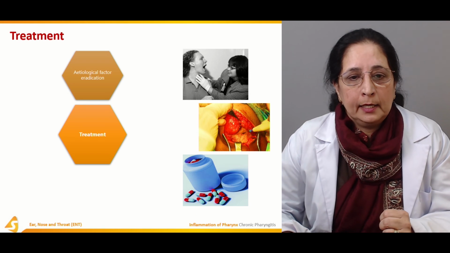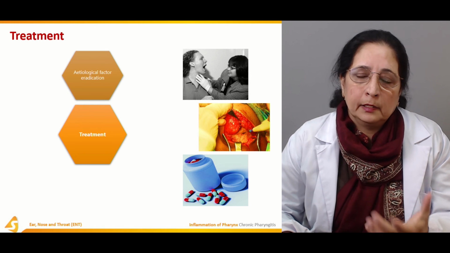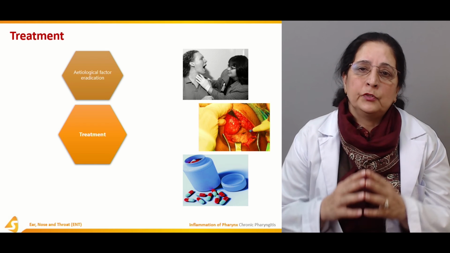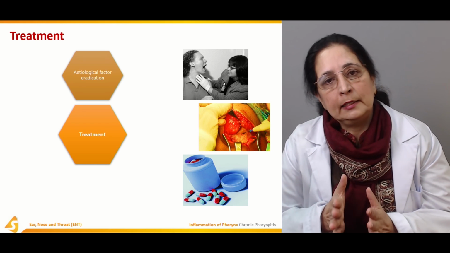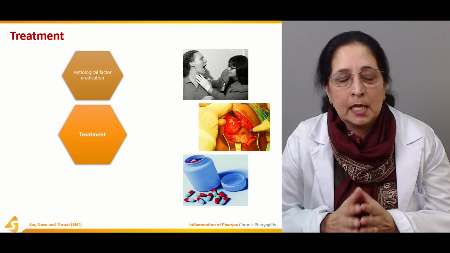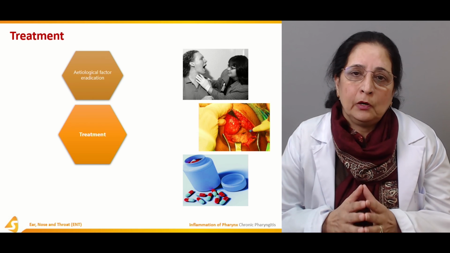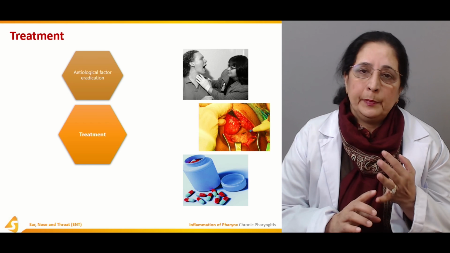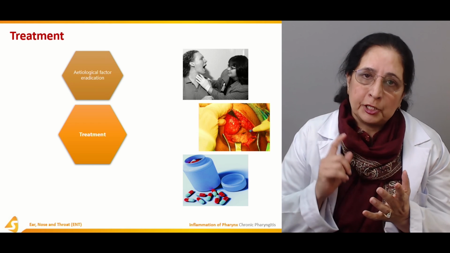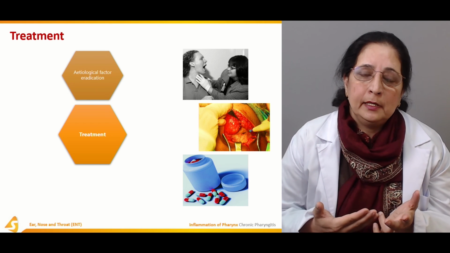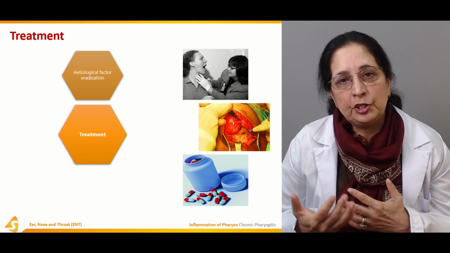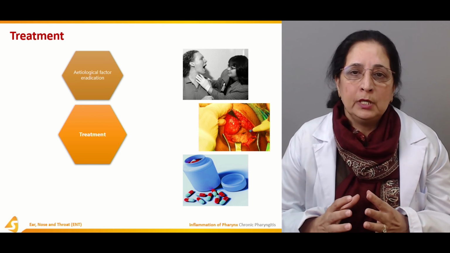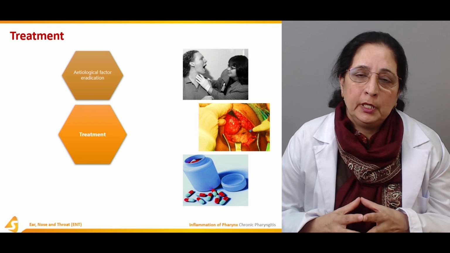Treatment is by eradication of the etiological factor. We talked about so many etiological factors that can cause chronic pharyngitis. Unless there is treatment of the underlying cause, the condition is not treated. If the patient has chronic rhinitis, that should be treated first. Similarly, chronic sinusitis, and if the patient has problems that can lead to mouth breathing, those should be treated.